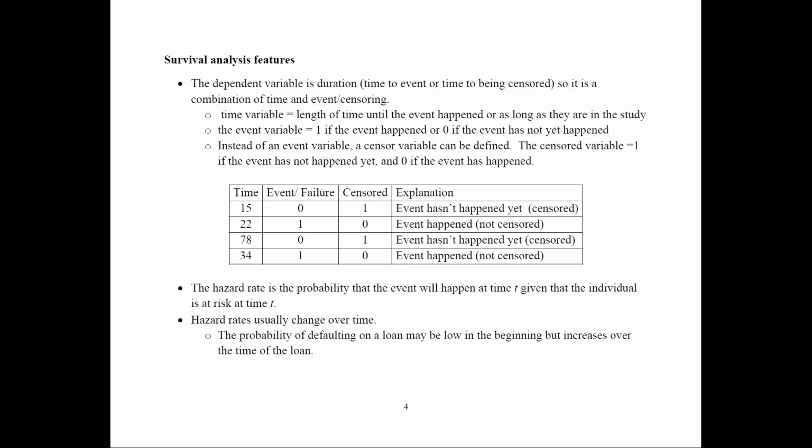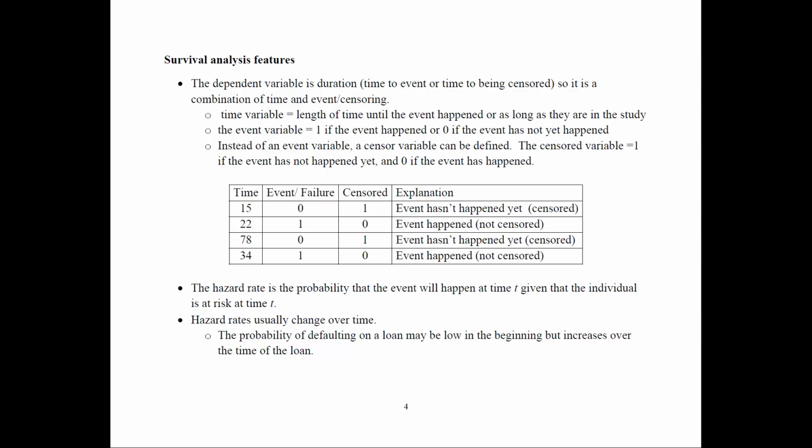One thing that I talked about already is the hazard rate, and that would be the probability that the event would happen at time t, given that that individual is at risk at time t. And to be at risk, you only need to remain in the sample, so that event can also happen to you.